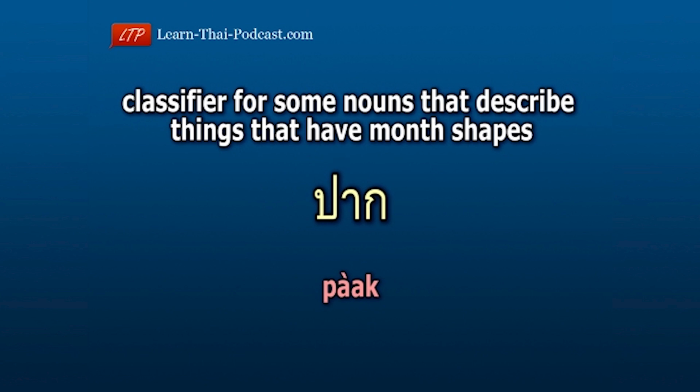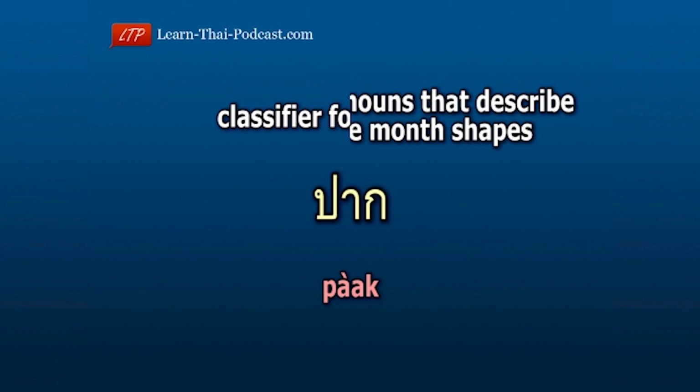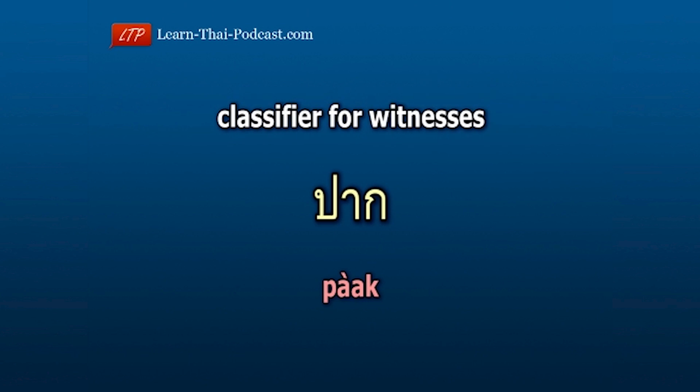Some nouns that describe things that have mouth shapes use the word ปาก as their classifier. For example, classifier for witnesses, ปาก. Classifier for fishnets, ปาก. Classifier for cradles, ปาก.